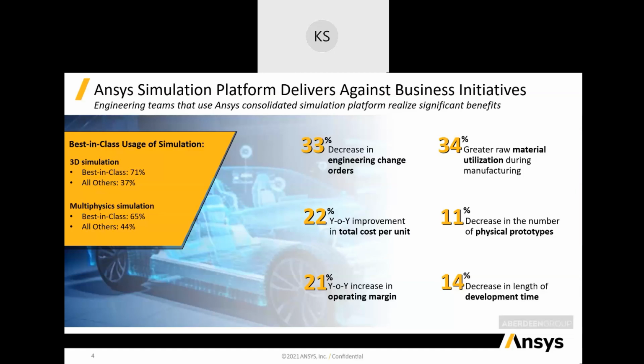There is a 22% year-on-year improvement in total cost per unit seen when industries are using Ansys simulation tools, and a 21% year-on-year increase in operating margin observed by different companies. Also 34% greater raw material utilization, an 11% decrease in physical prototypes, and a 14% decrease in length of development time.